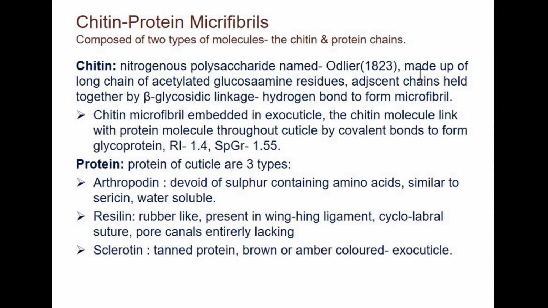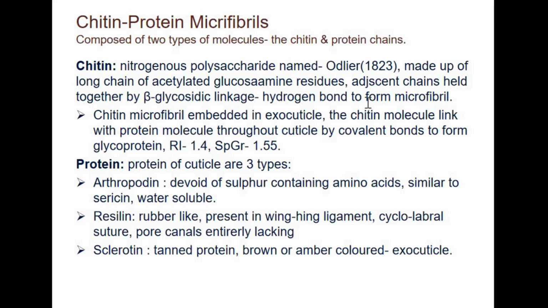The adjacent chitin chains are held together by beta glycosidic linkage, and particularly the hydrogen bonds form the microfibrils. The neighboring chains always run in opposite directions.